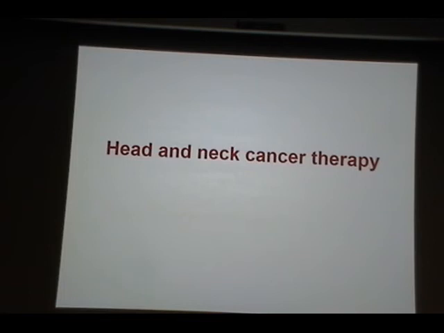The problem for head and neck cancer patients is recurrence, where they have to come back with the same tumor. In 5 years, it's about 50%. In other words, half of the patients will have the tumor back after surgery or other therapies in 5 years. So that's not a good thing.